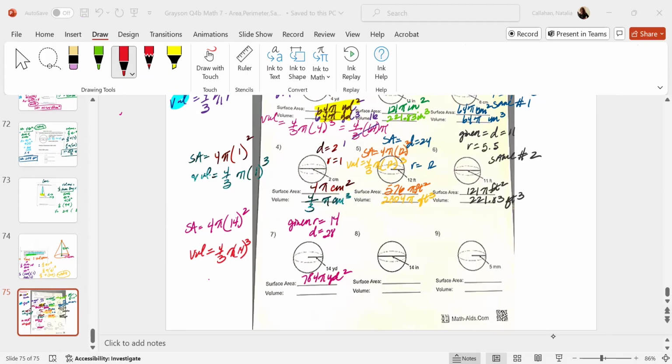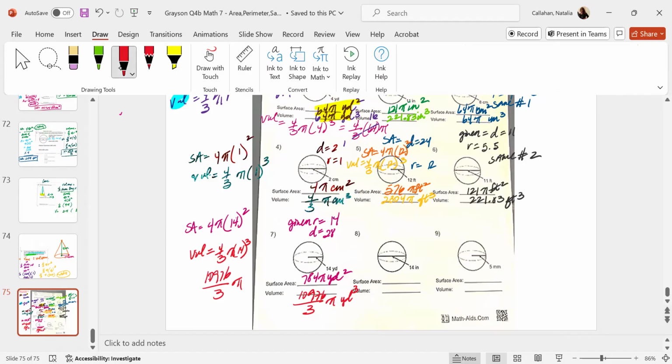Okay, so 14 squared times 14 again is 2744, times 4 is 10976 over 3 pi. You can't divide it by 3, so you're just going to have to leave it as 10976 over 3 pi yard cubed.